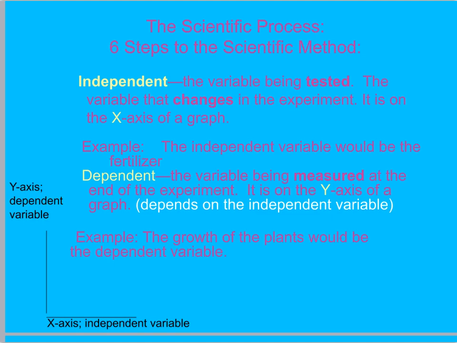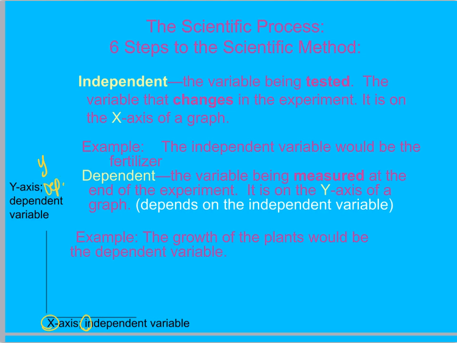All right, that brings us to independent and dependent variable. And we've already kind of talked about these, but just not in specific words. So first off, if you're looking at a graph, the x-axis is the independent variable, and the y-axis is the dependent variable.